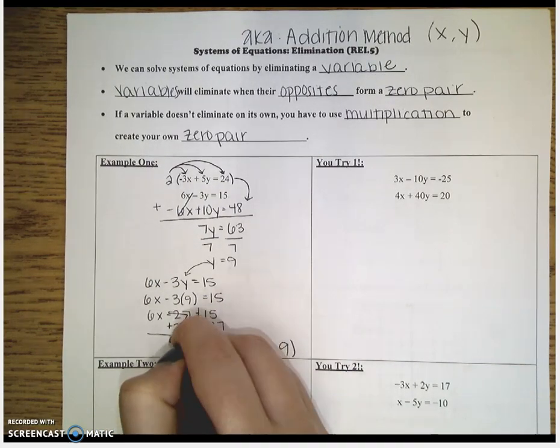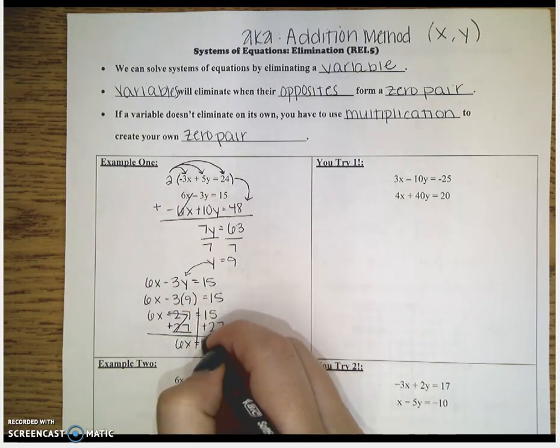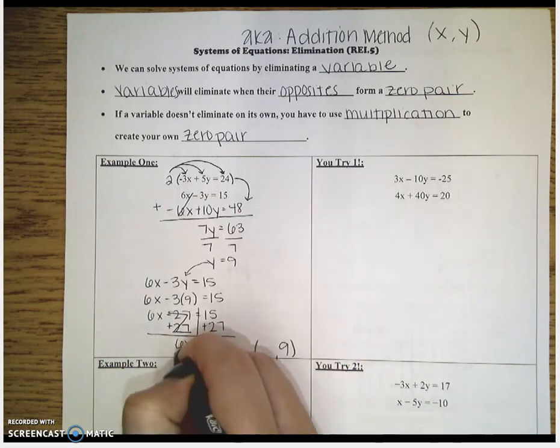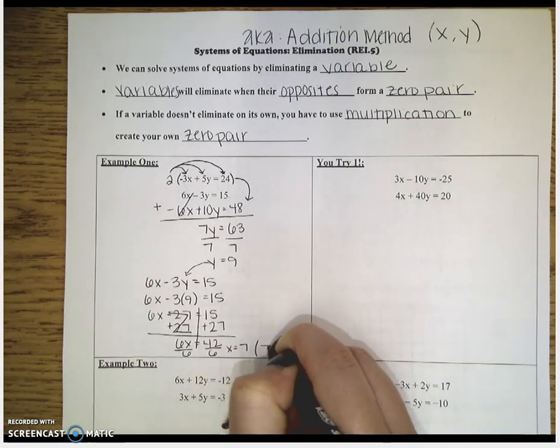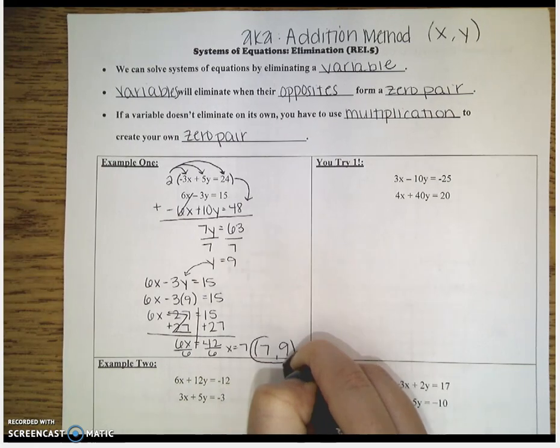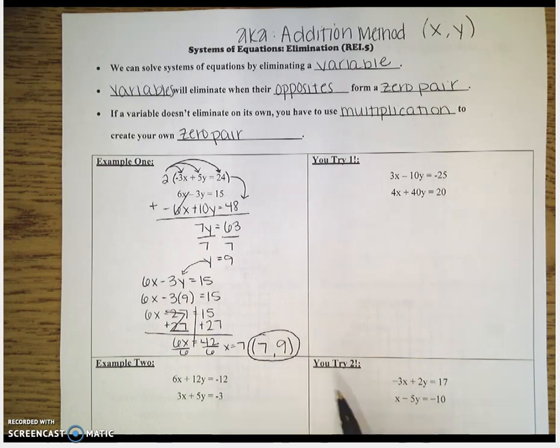That cancels out. I get 6x equals 15 plus 27 is 42. Divide both sides by 6. I get x equals 7. So I'll put 7 in the x spot. Good. Let's do another example.